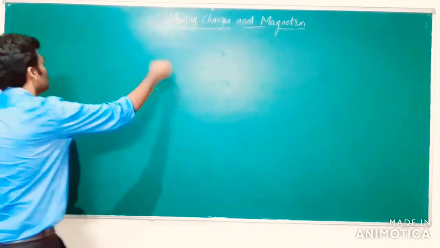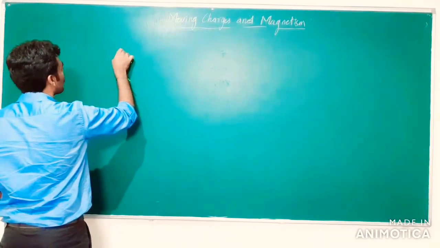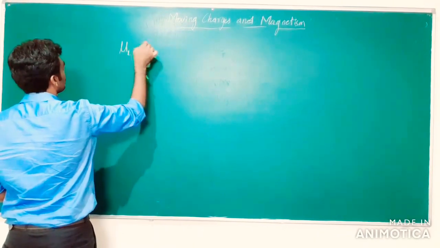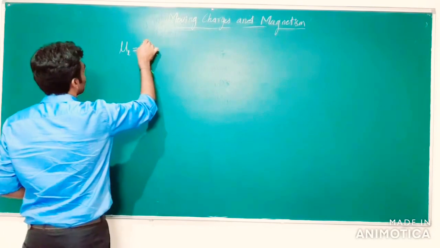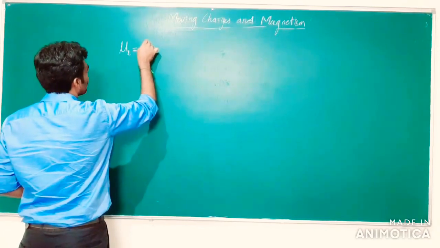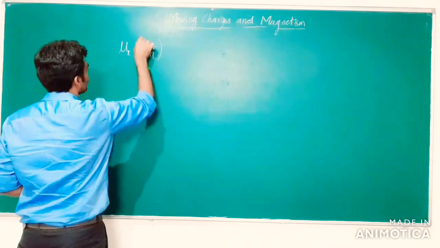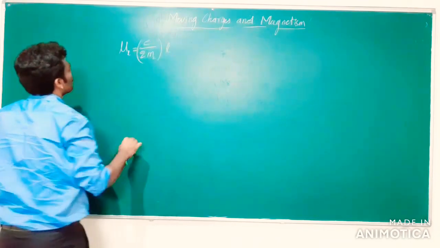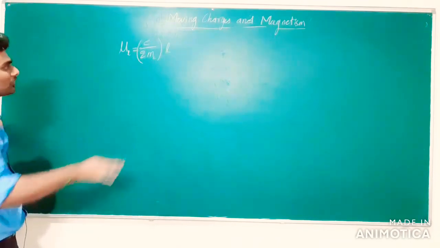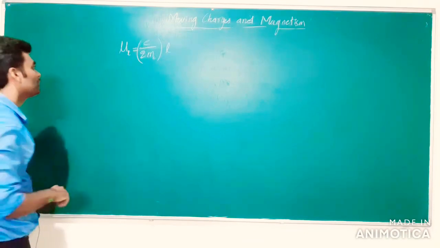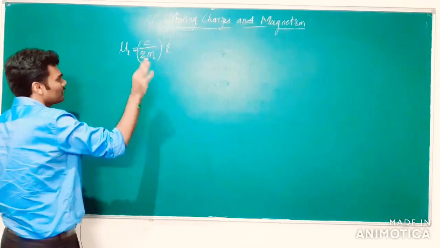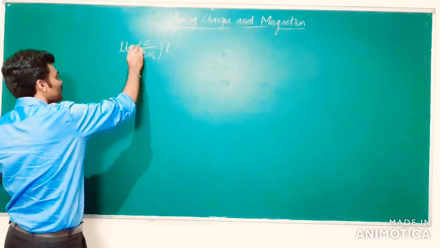The expression that we have obtained is mu L is equal to e by 2me into L. We will be bothered more about the magnitude part; don't worry about the vectors.